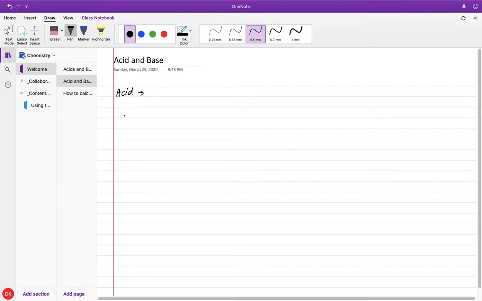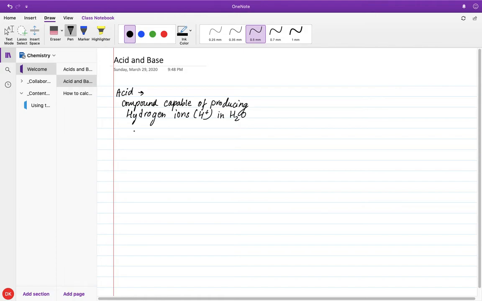An acid is a compound which is capable of producing hydrogen ions, which look like H plus, when dissolved in water.